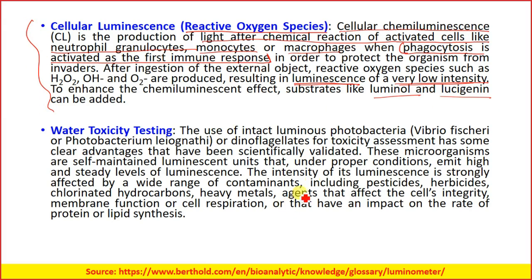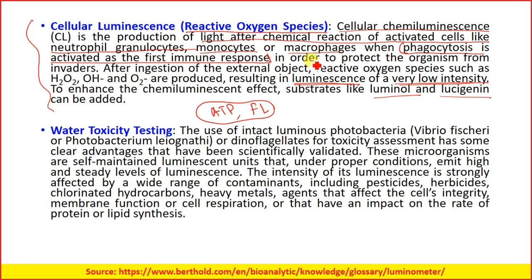So if you see the bioluminescence over here, it is slightly different than whatever we have discussed till now, which uses either ATP or firefly luciferase for generating the bioluminescence.